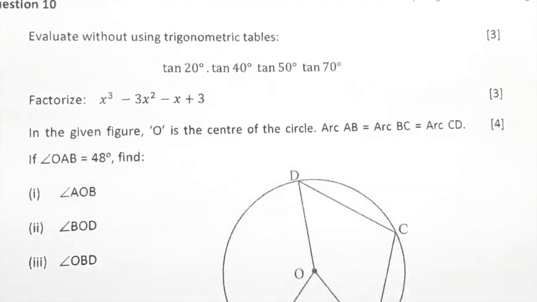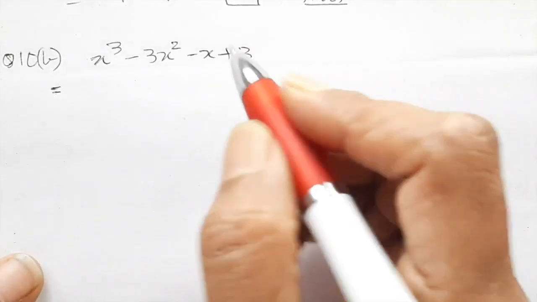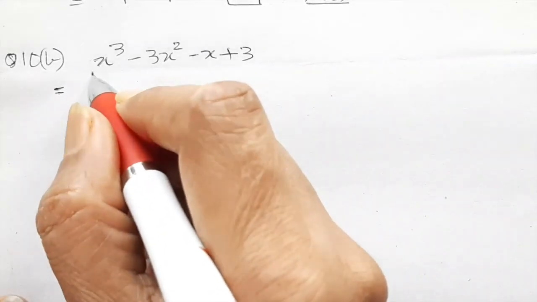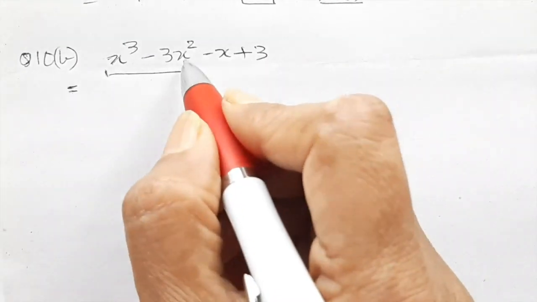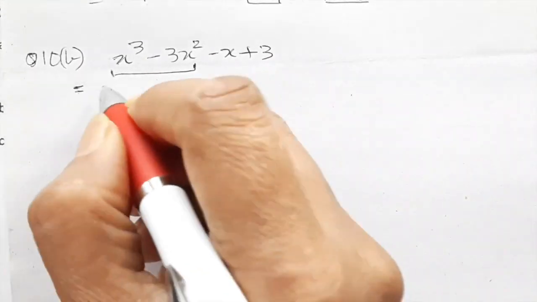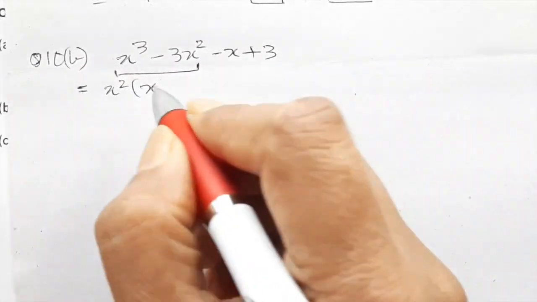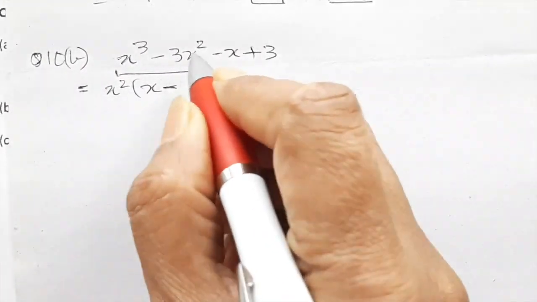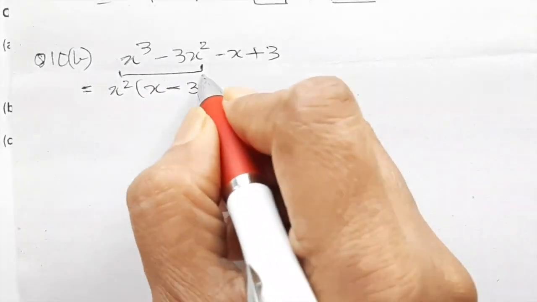So let us start factorizing. Now here there are 4 terms and we have to factorize this. So we will group them. If we take first two, what is common? X squared. If you take out x squared common, inside the bracket, what do you get? From x cube, x squared is gone, so you get x minus, here from 3x squared is gone, so you will get minus 3.